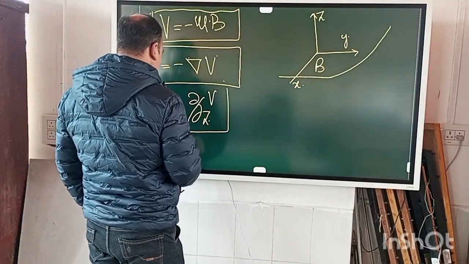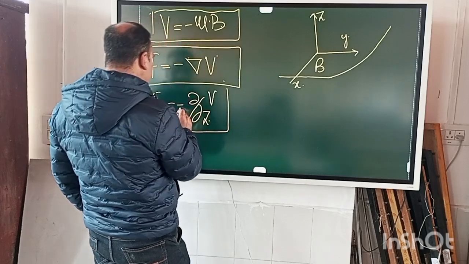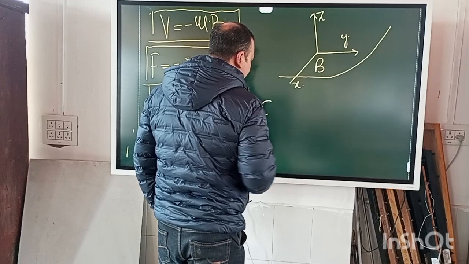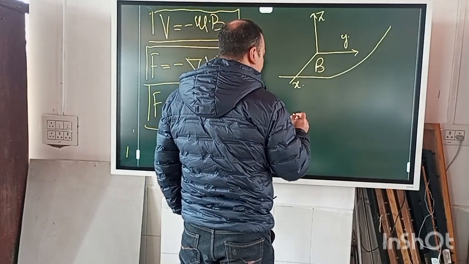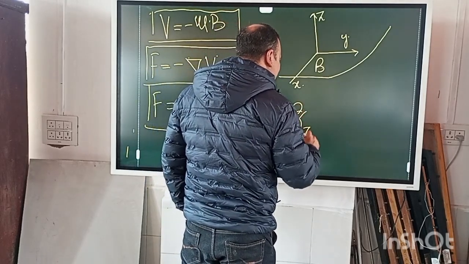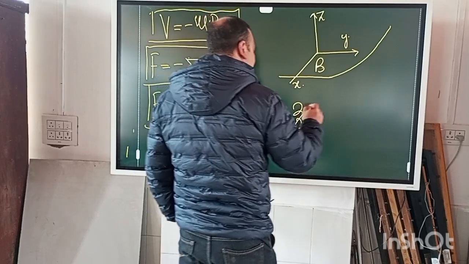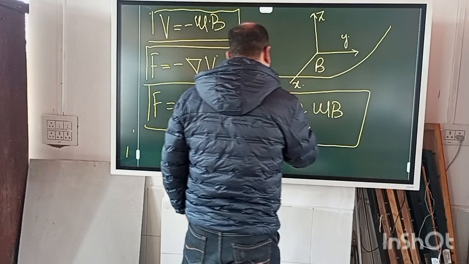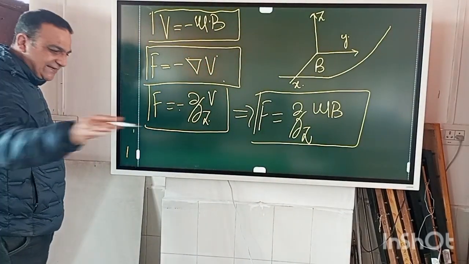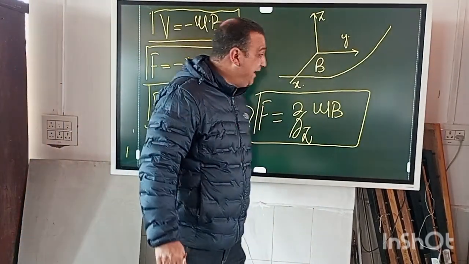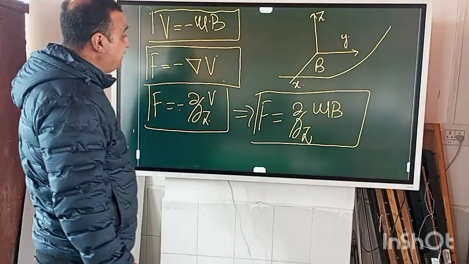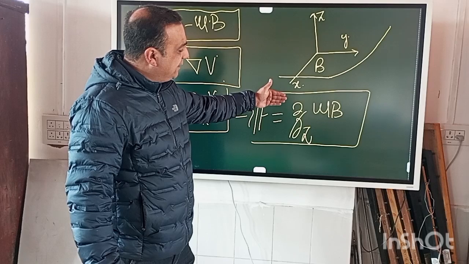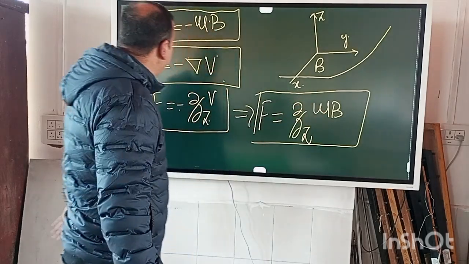Since V is negative, the force will be dou by dou z of, instead of V, mu B. Taking this scalar product, assuming theta is 0, the measure of F is the derivative of mu B.